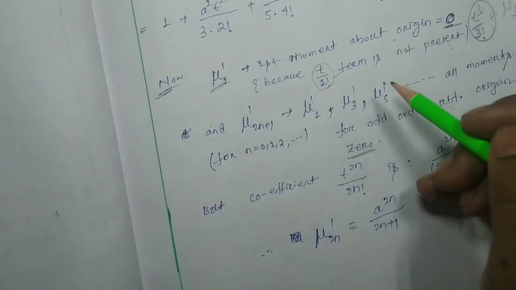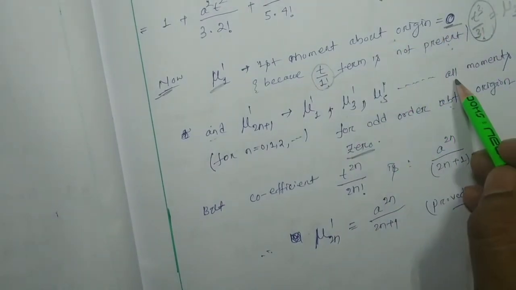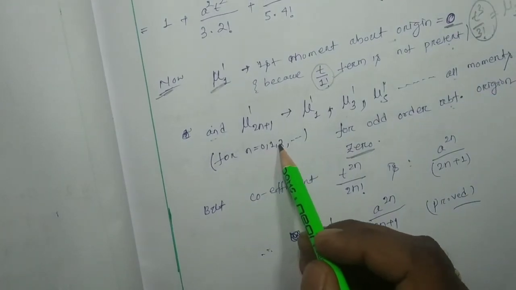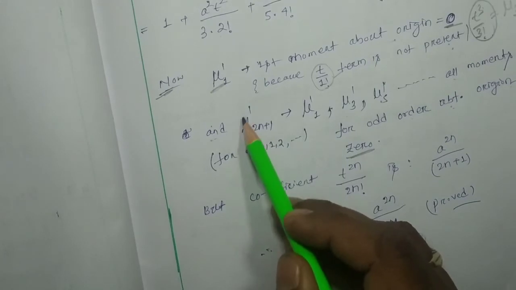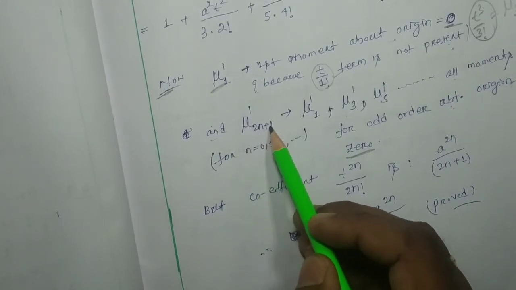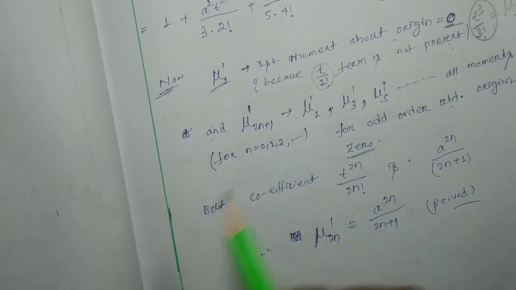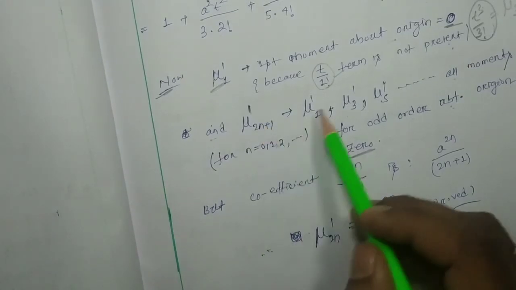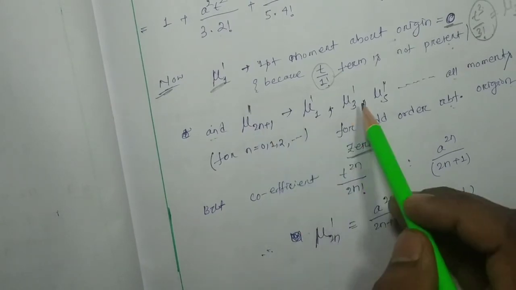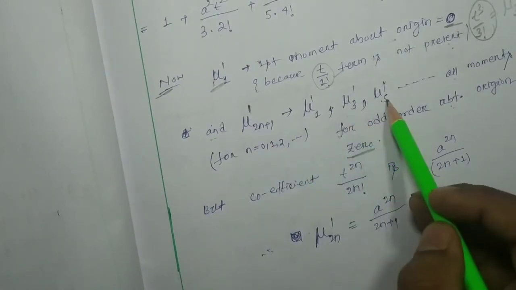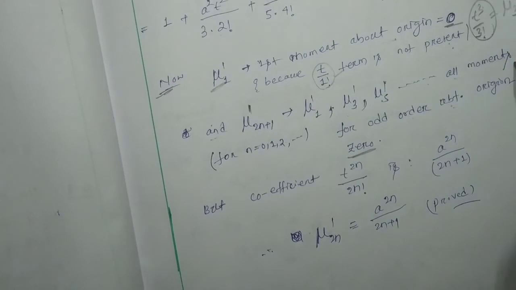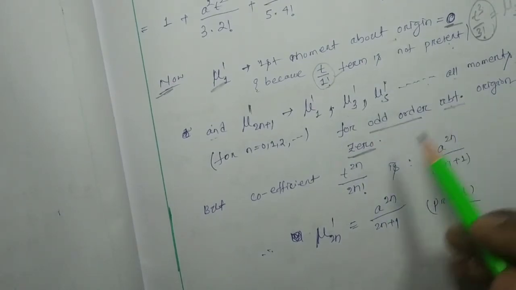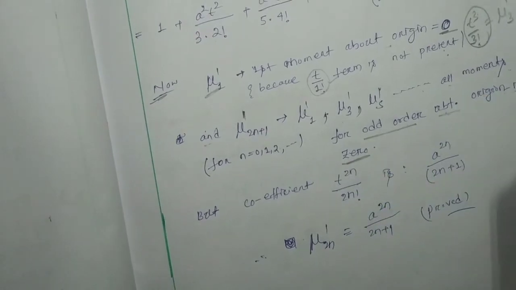Likewise, the third moment, fifth moment, all moments, for n equal to 0, 1, 2, 3 like that. See here, in generalized form it has been written as the 2n plus 1 dash moment. That means if we put 0, 1, it will be the third moment, fifth moment and seventh moment. All moments of odd order about the origin are 0.